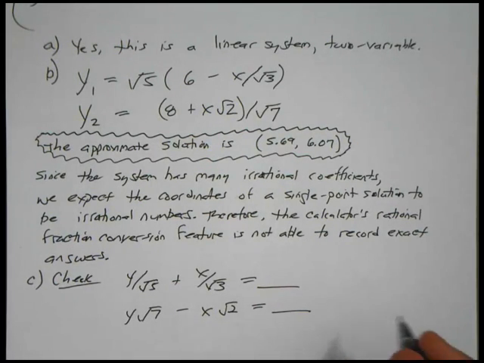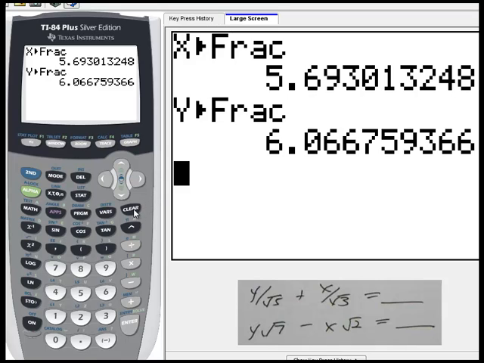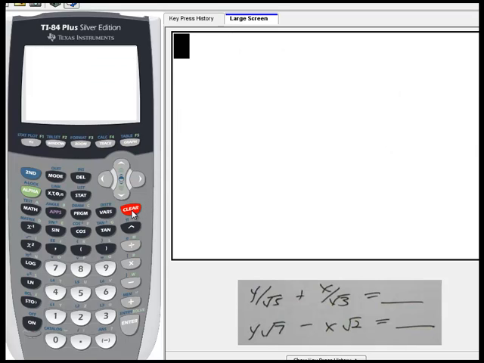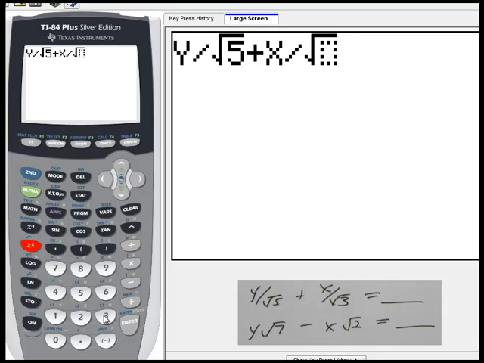Let's go to the calculator. We might clear the home screen and start with the first left-hand side. Alpha y divided by second square root of 5 plus x divided by second square root of 3.